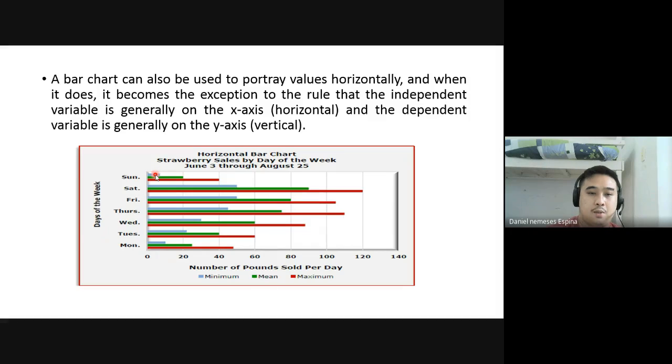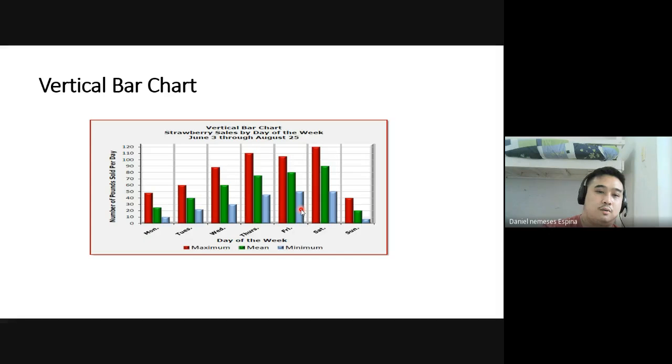So with the use of bar, same gihapon, blue is the minimum, green is the mean or average, and red is the maximum sales ana nga day. So same gihapon, Saturday ang pinakataas, and then Sunday ang pinakaubos. So vertical bar, this time with the maximum, mean, and minimum.